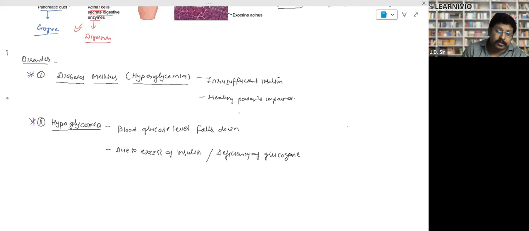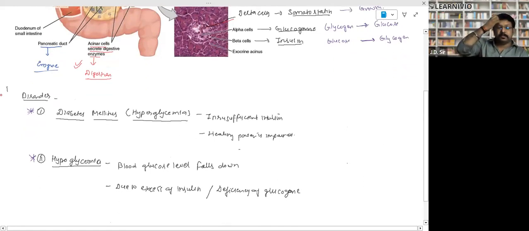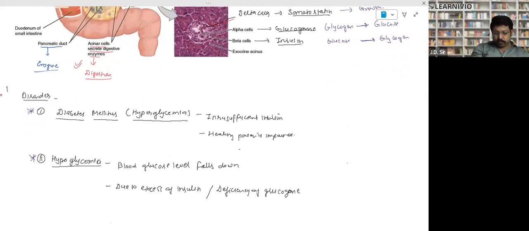How does it occur? Due to hypersecretion of insulin or deficiency of glucagon. There may be two reasons: either secretion of insulin is more or glucagon is less. So go through it and tell me if you have any doubt. Ask. You have to remember the function of glucose and all that.